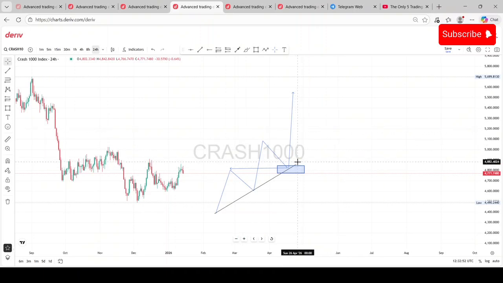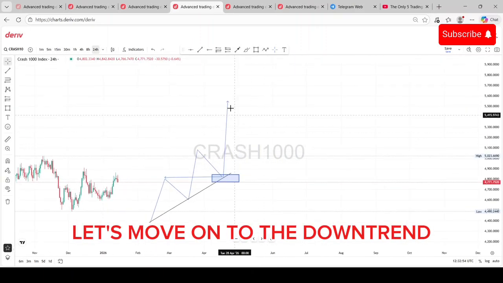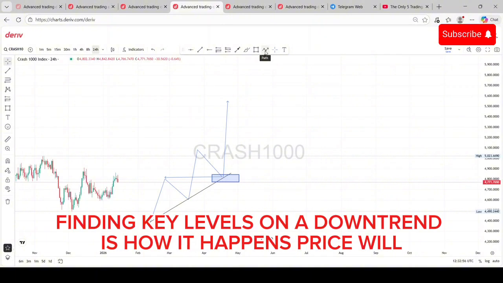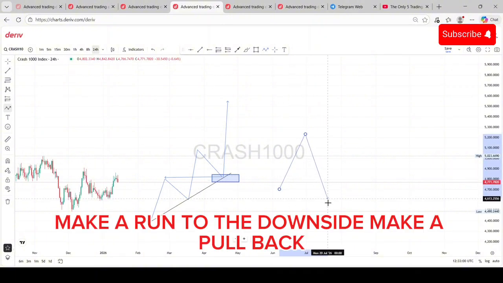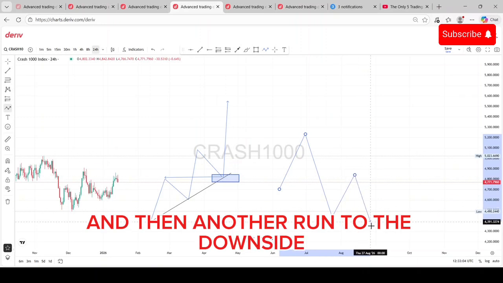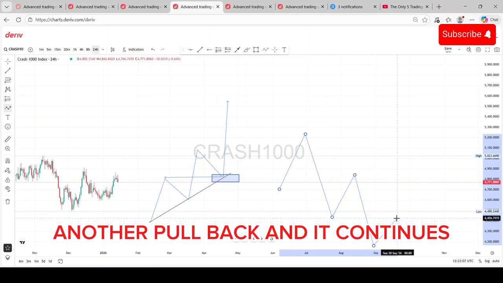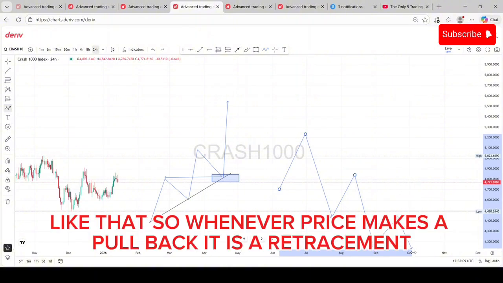So let's move on to the downtrend. Finding key levels in a downtrend happens like this: price will make a run to the downside, make a pullback, and then another run to the downside, another pullback, and it continues like that.